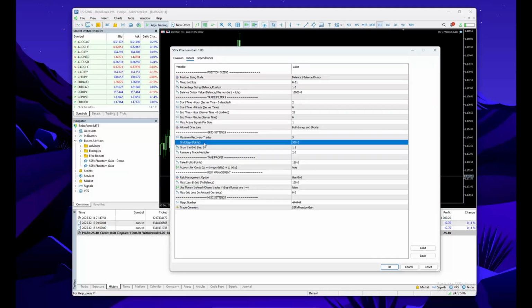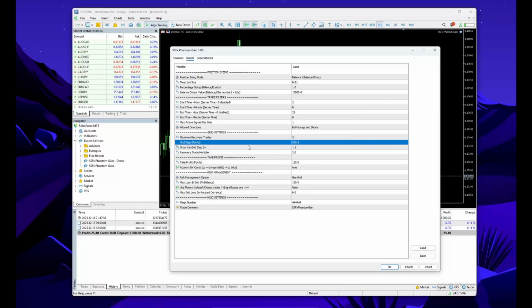So 500 points is synonymous to 50 pips in Euro USD, and that's the default. This essentially implies that after your first trade, the next one would be added 50 pips, or rather 500 points away from the first trade. So that's just what the setting refers to.